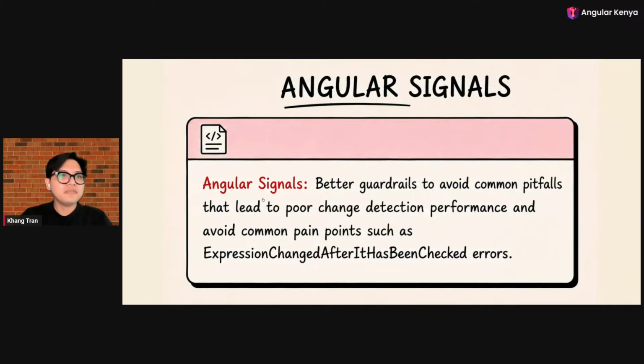One of the benefits of using Angular signals is better rails to avoid common pitfalls that lead to poor change detection performance, such as ExpressionChangedAfterItHasBeenChecked errors. And to be honest, that confused me again. How could a new reactive primitive help Angular avoid this kind of error? These questions are what pushed me to go deeper into Angular change detection.